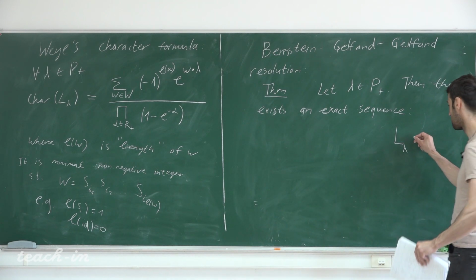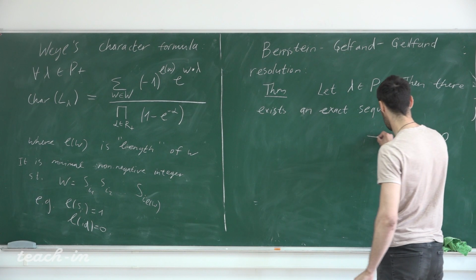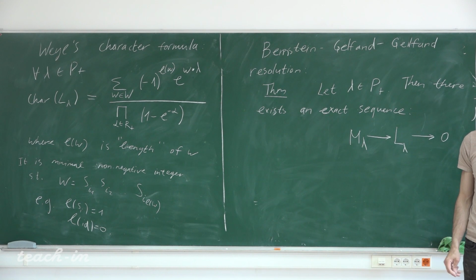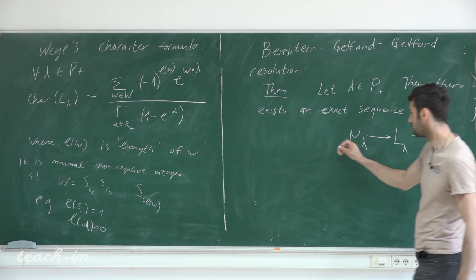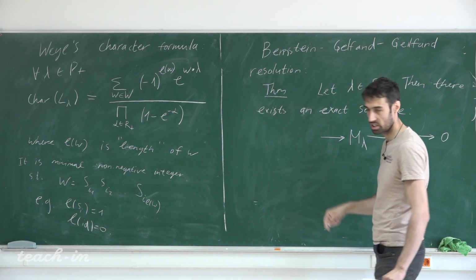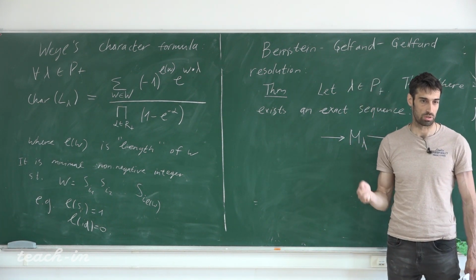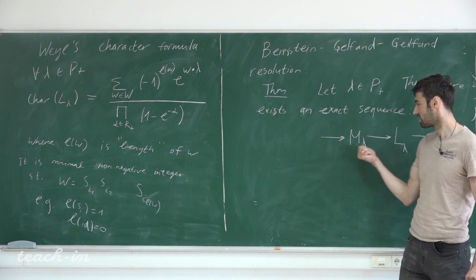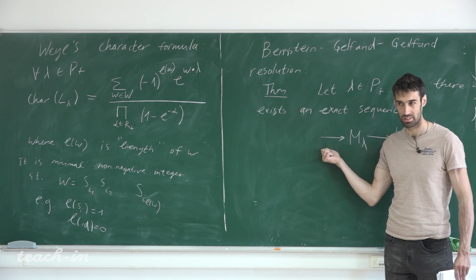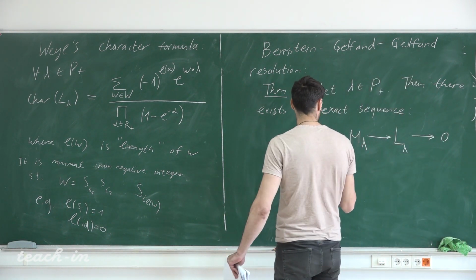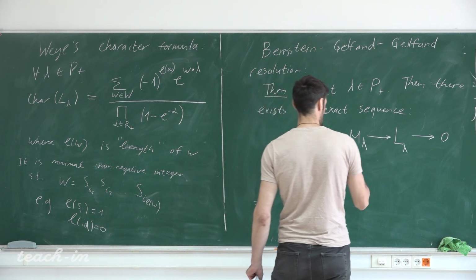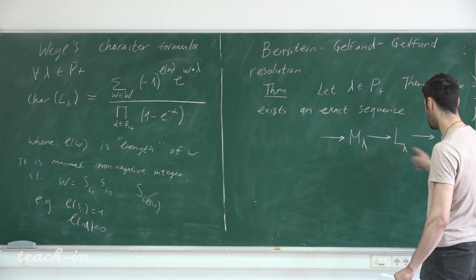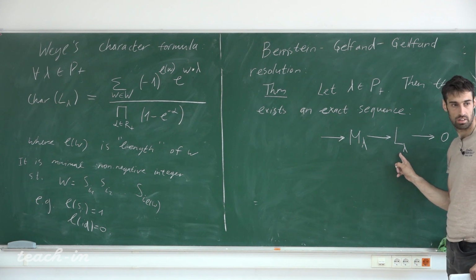It means the sequence starts like this. Then we know that there is a homomorphism from M lambda. Exact means that the kernel of this coincides with the image of the previous arrow. So the kernel of this one is the image of M lambda. This just says that this map is surjective, right?